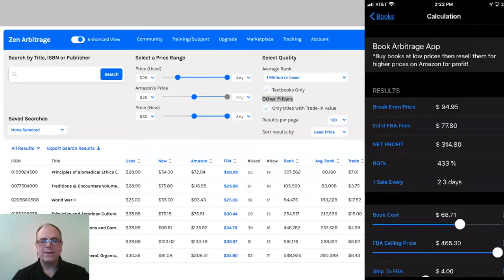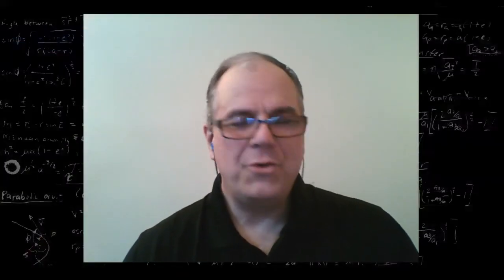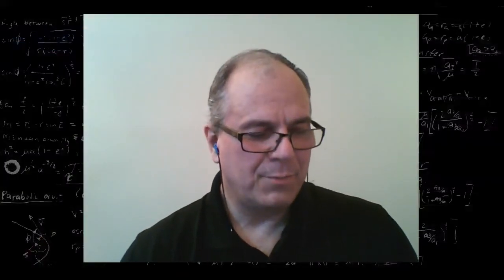So we have here a truly amazing example of how you can get started selling books to make money online on Amazon, and just in general, how you can find books and sell them to make money on Amazon.